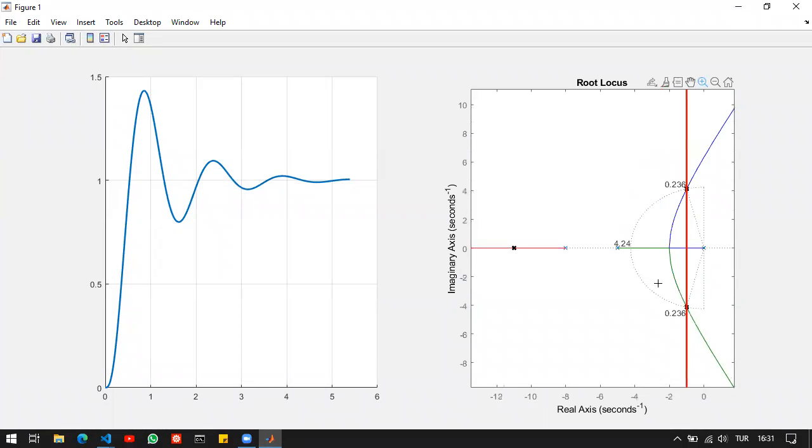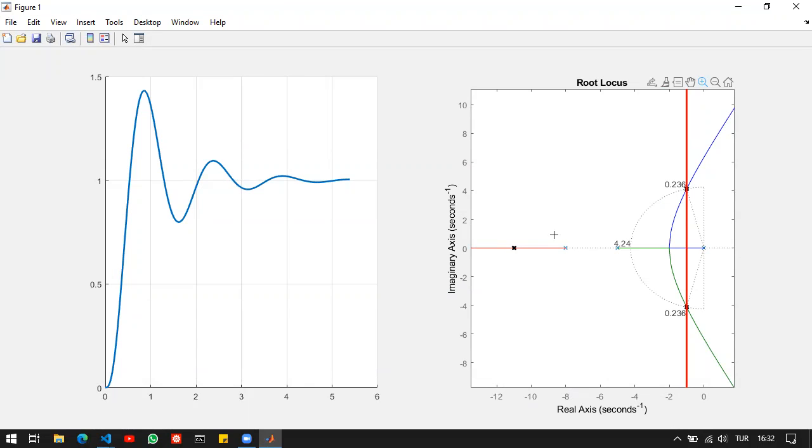Let me again zoom in a little bit. You can see that I was looking for the exact point where the omega n circle and the zeta line coincided, but that point was on this line. So not for this system, but for maybe other systems, I might end up in a different position on this line, but I will still get the same settling time.